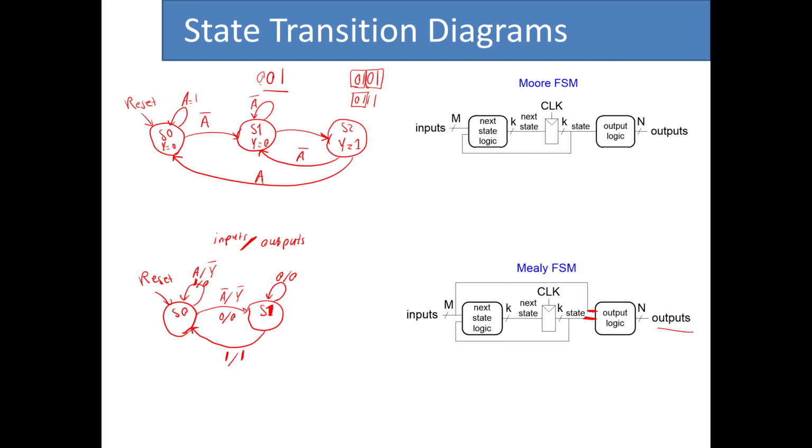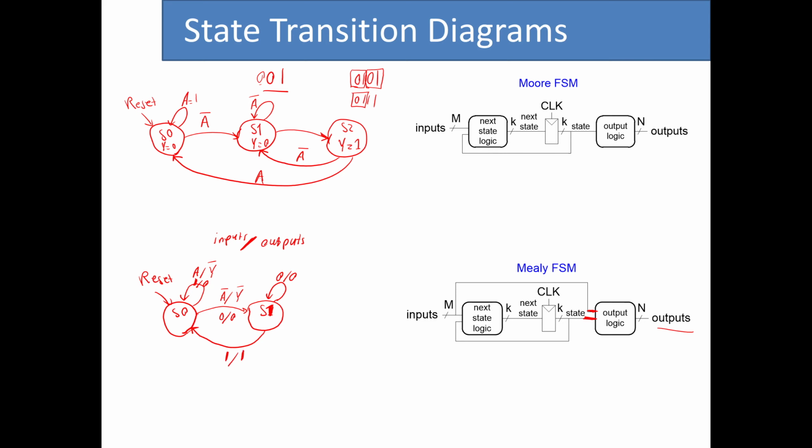They all detect a 0 followed by a 1, right? The difference is, as I will show later on, that the time that they detect this pattern is going to be different. So now we have come up with the state transition diagrams for both of these FSMs, both Moore and Mealy.